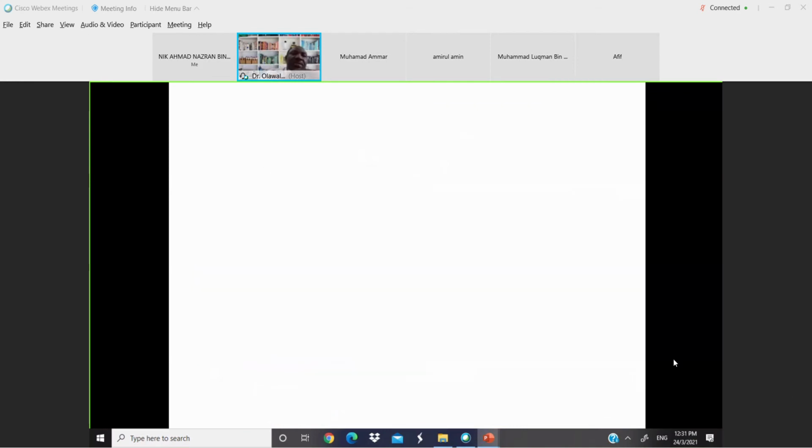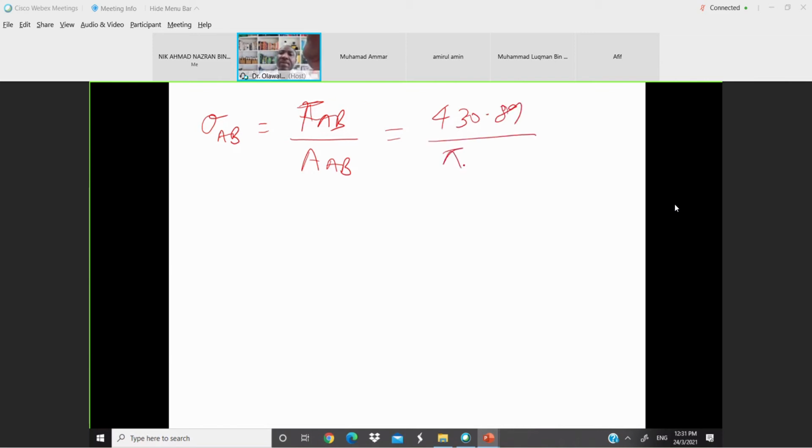So what you have is sigma AB is equal to FAB all over AAB, which is your FAB is 430.89 divided by pi. Your D is 8, but you convert this into meter. I will prefer you convert it to meter.